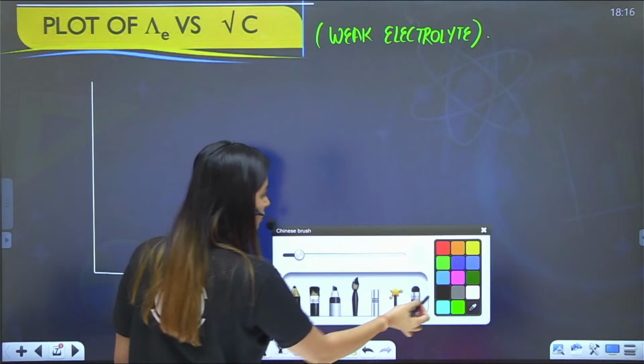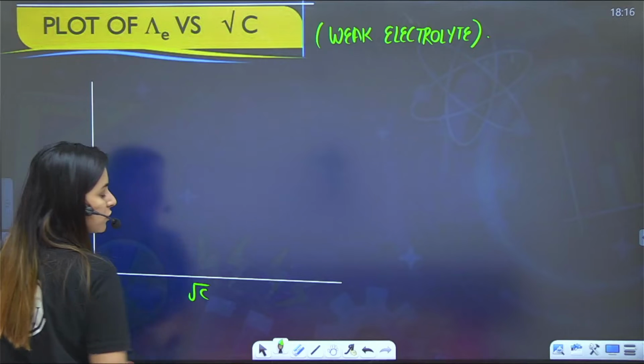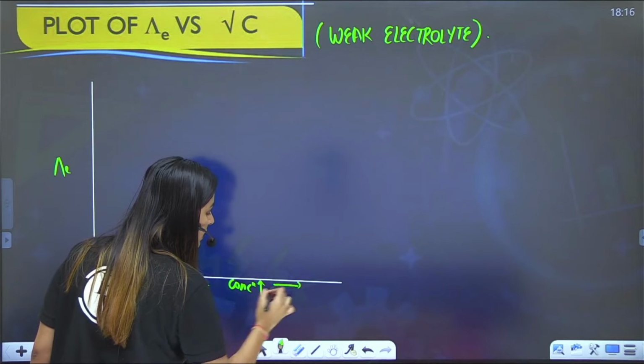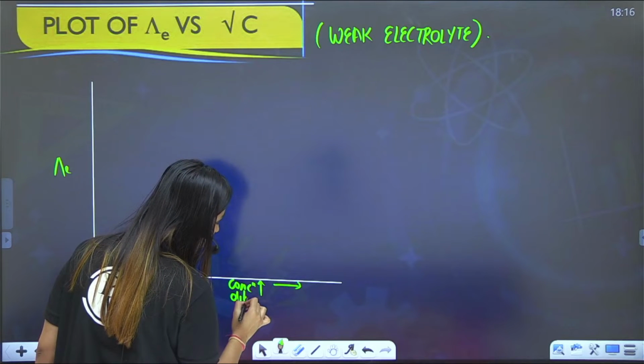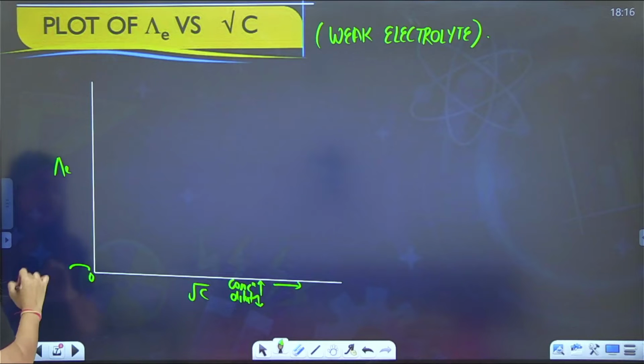This will again be your equivalent conductivity, and this would be root concentration. I hope you know this side the concentration actually increases and your dilution actually decreases. This is your 0 point. Here, my dear students, you have infinite dilution.